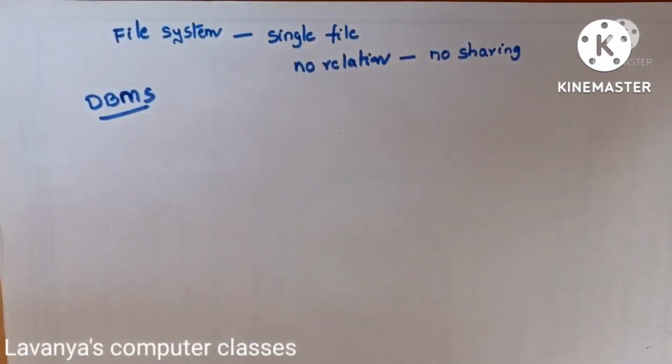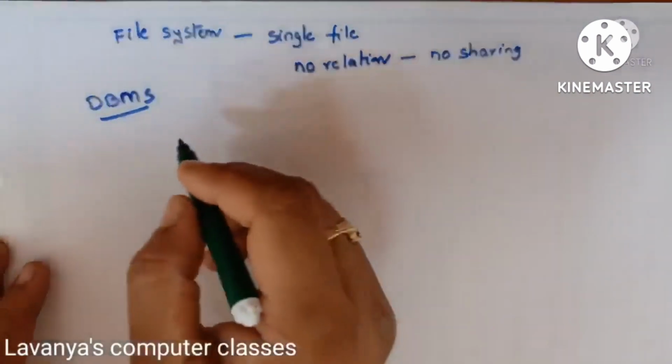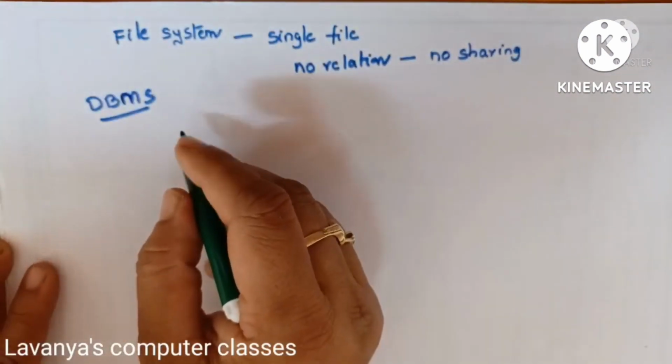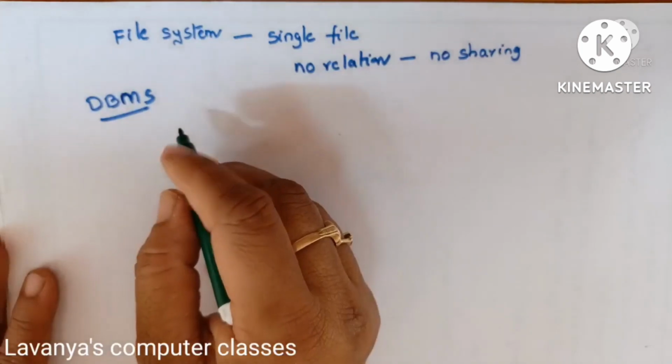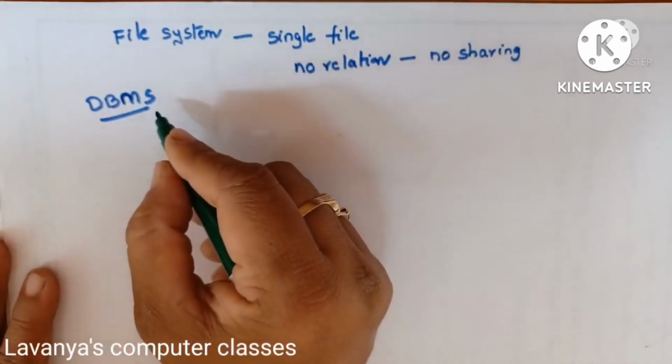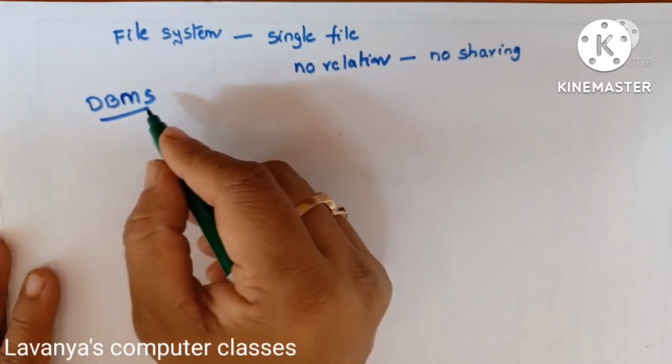What is the full form of DBMS? Database management system. Already we know what data and database are. Now, what is database management? We have to manage some database.